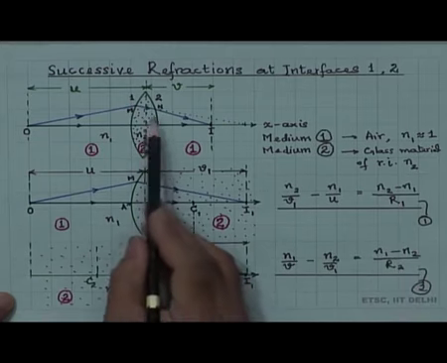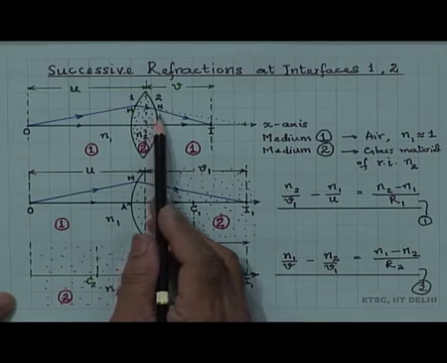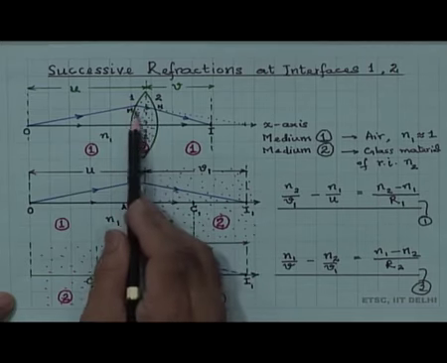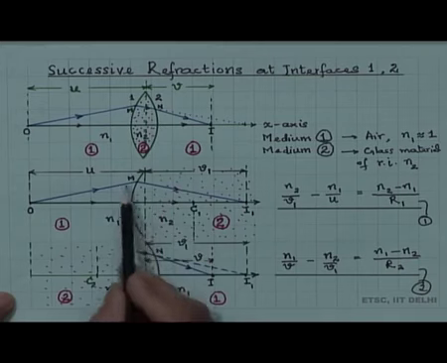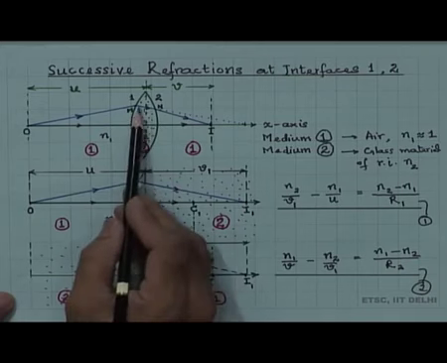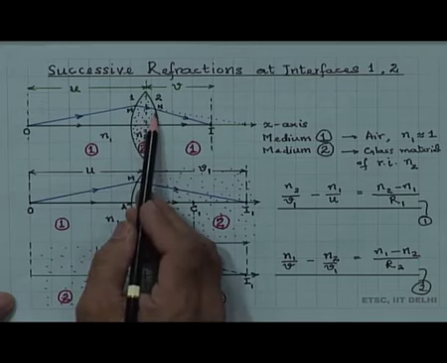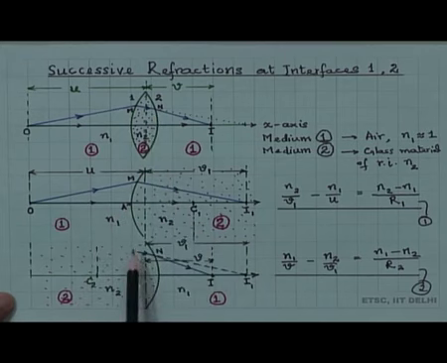Now, the second refraction is as if it has nothing to do with this, because the ray has already refracted here. So, the ray has refracted and it is proceeding when it encounters the second medium here, and therefore, we show this as if the entire medium on the left is of n2 and the medium on the right is of n1.